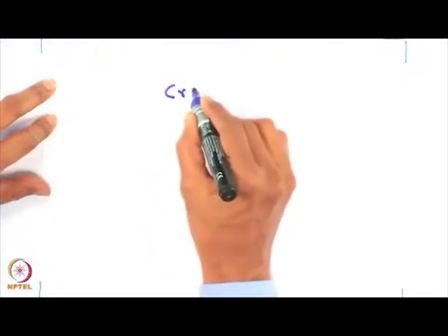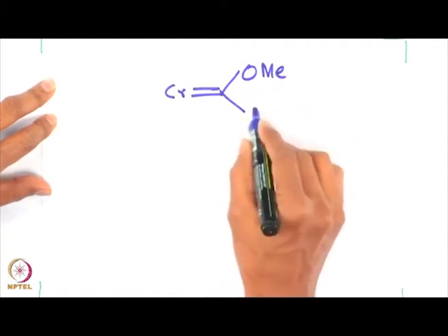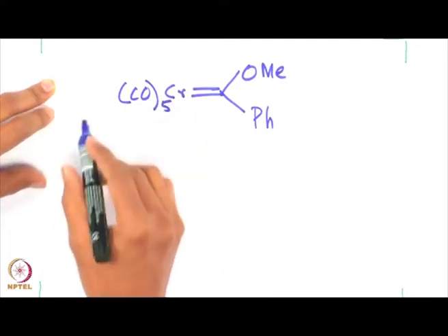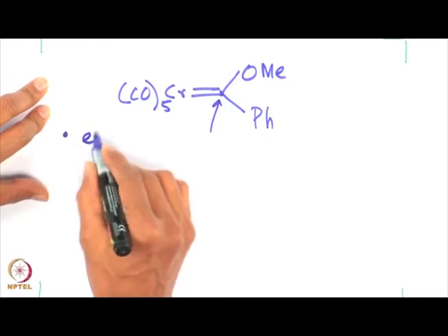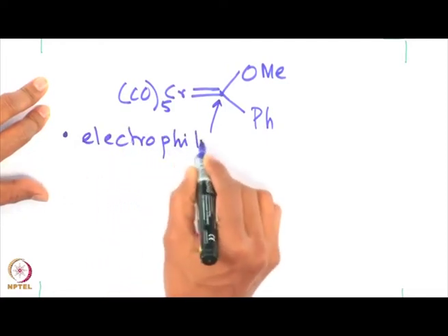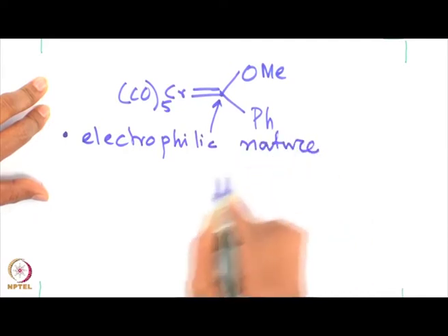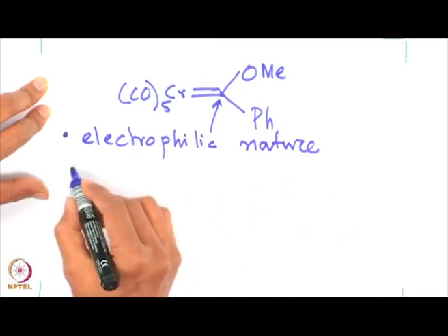Let us look at the characteristics one more time and carefully. So, you have the chromium complex with pentacarbonyl associated with it. The carbon center over here is electrophilic in nature. In a moment we will see the Schrock carbene is nucleophilic in nature.